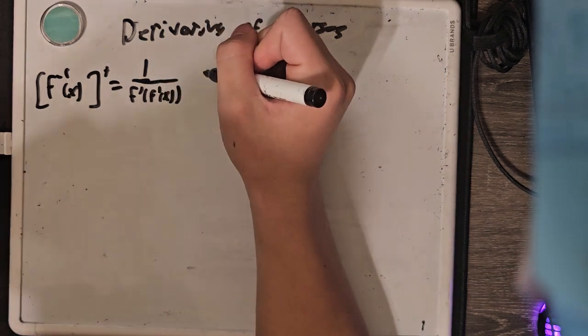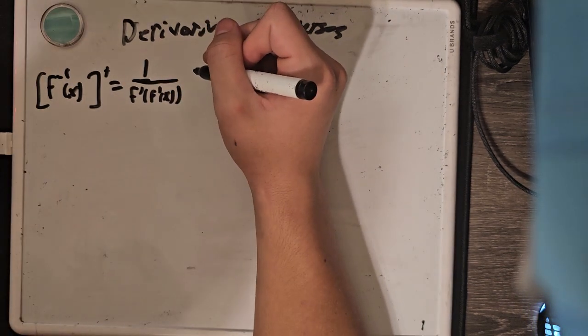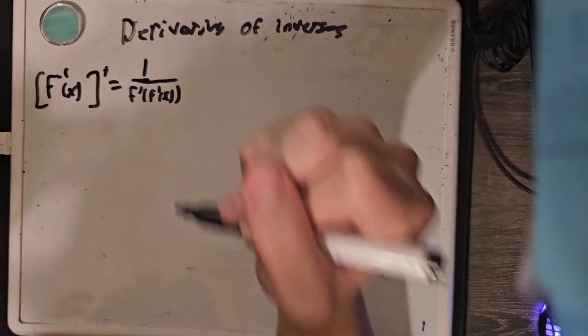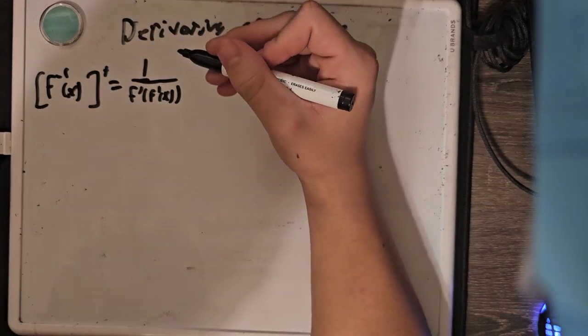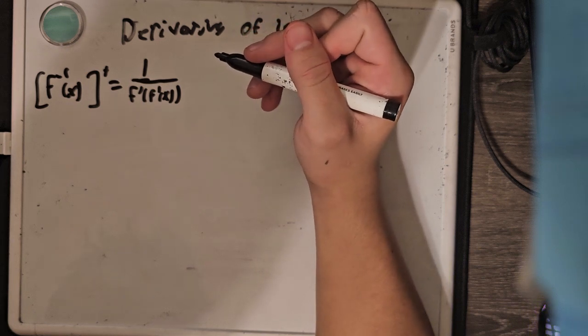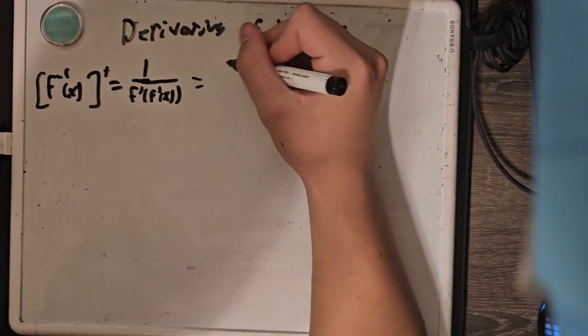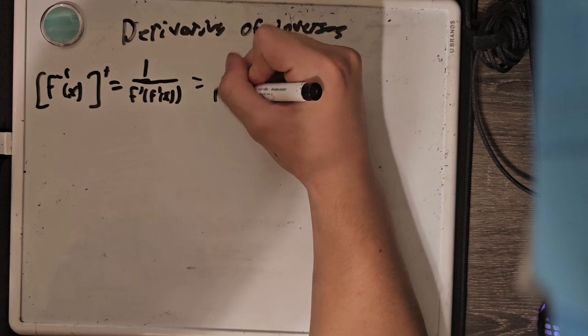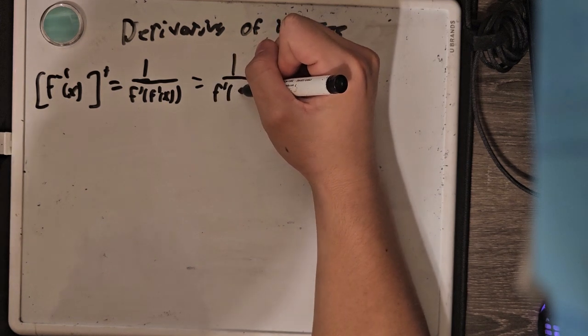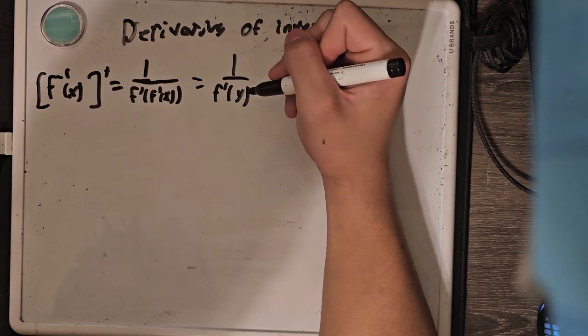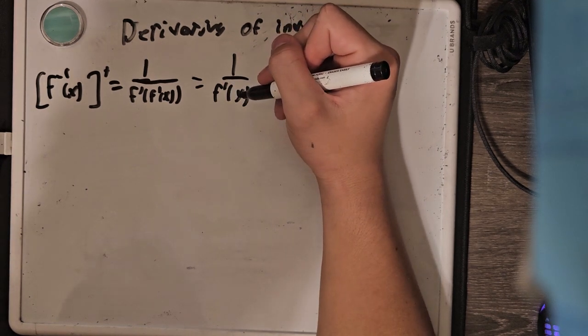Now, because f inverse of x is technically y as a function of x, instead of x being a function of y, we can make this f prime of y. There. So f prime of y.